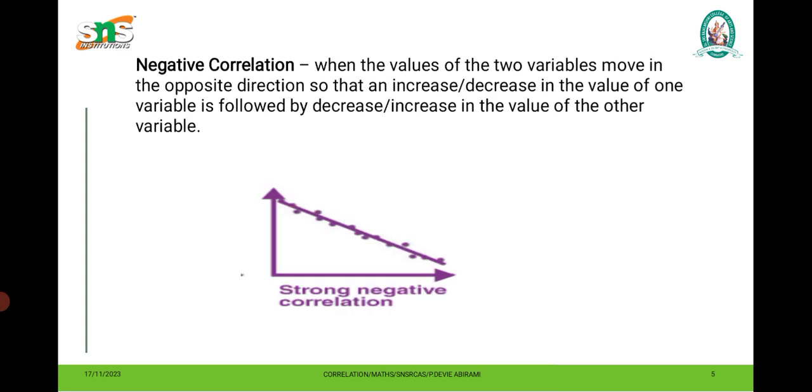My next type is negative correlation, when the values of the two variables move in the opposite direction. For example, the marks of the students do not belong to the height of the students.